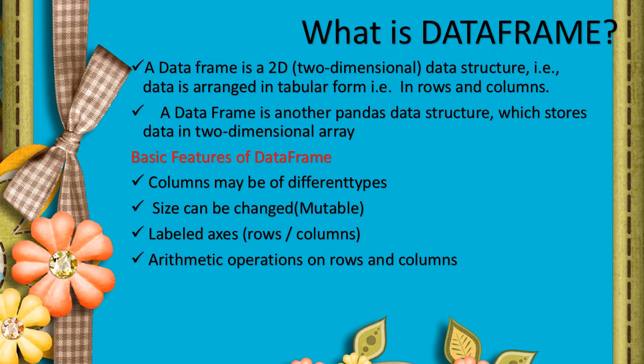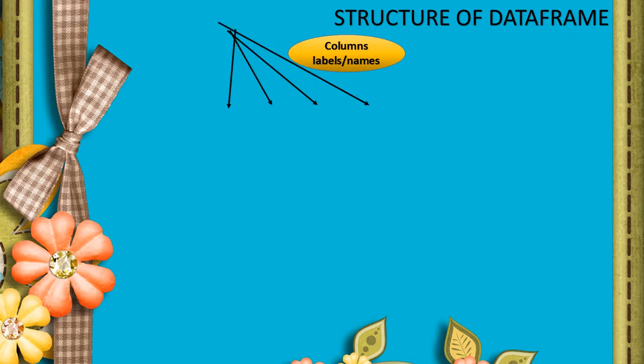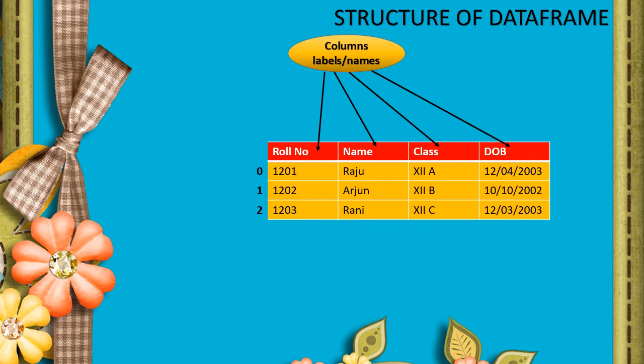We can do arithmetic operations and copy. Here roll number, name, class, date of birth are column labels or column names, we can say. All are different data types, and the column axis is 1 in the data frame.